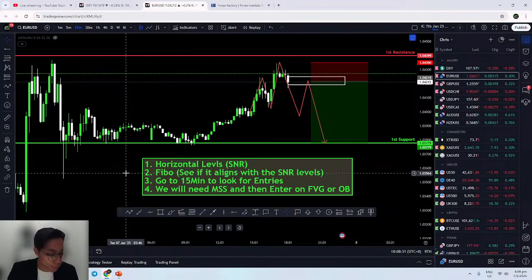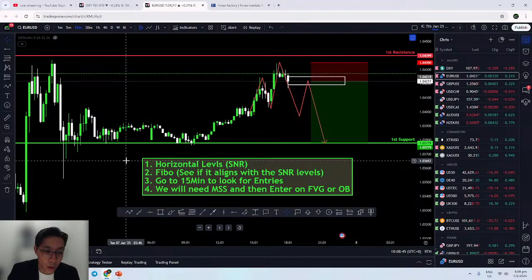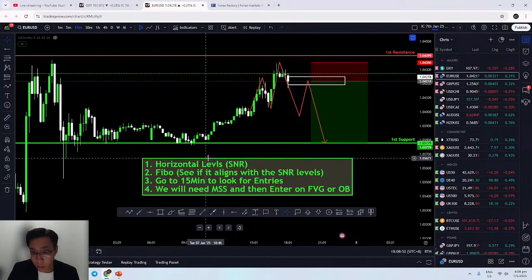So you just have to use this as your base, and then see how you want to tweak this strategy. It is very good to use as a base, and then you can add whatever confluences you might want, but try not to make it too complicated.